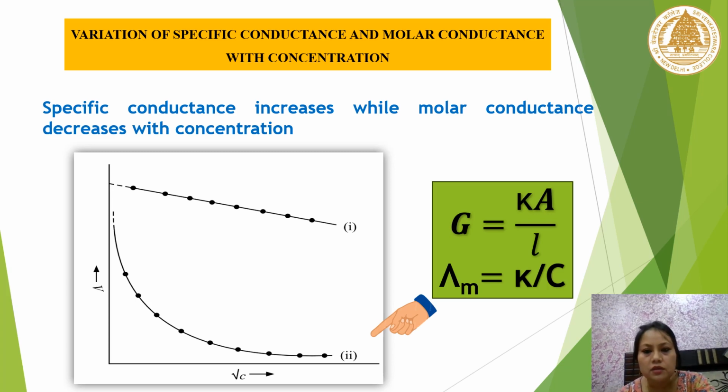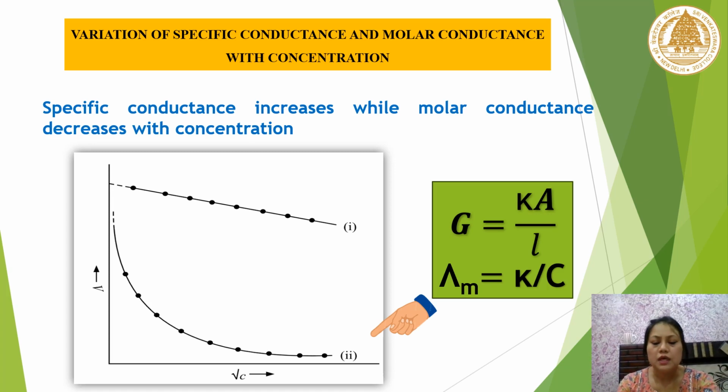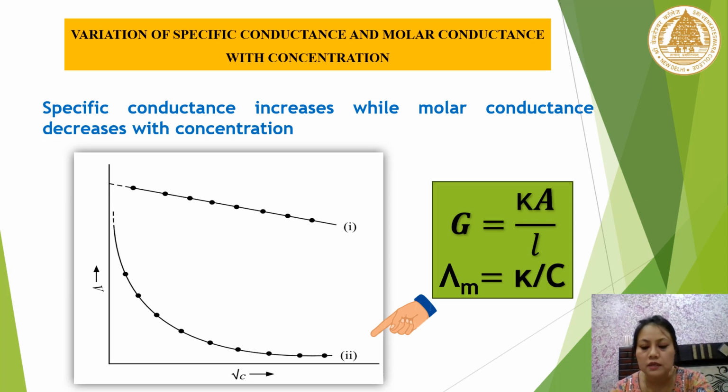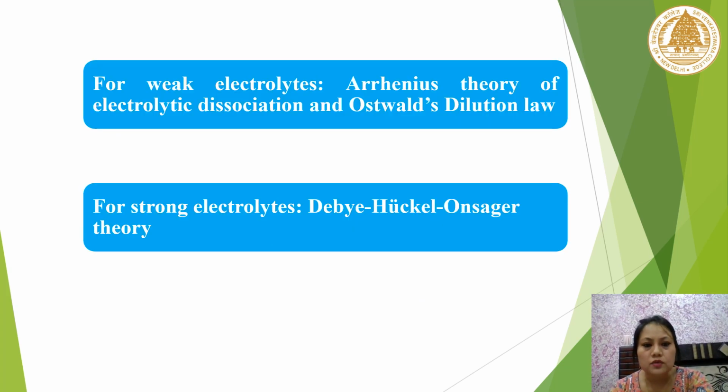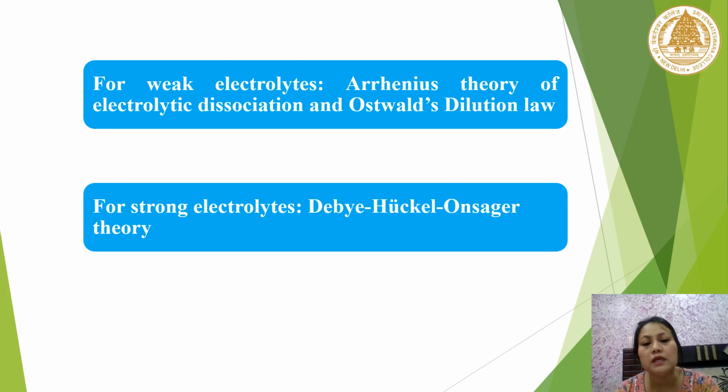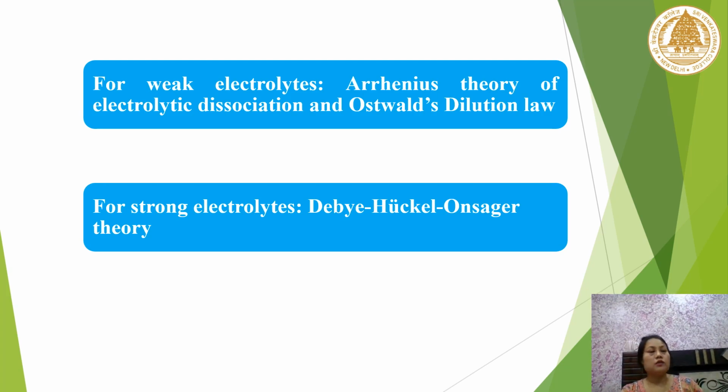And a very interesting thing here is that the variation of molar conductivity with concentration, that is the decrease in molar conductivity with concentration, can be explained in different ways in terms of whether it is a weak electrolyte or a strong electrolyte. In case of a weak electrolyte, it is explained on the basis of Arrhenius theory of electrolytic dissociation and Ostwald's dilution law.